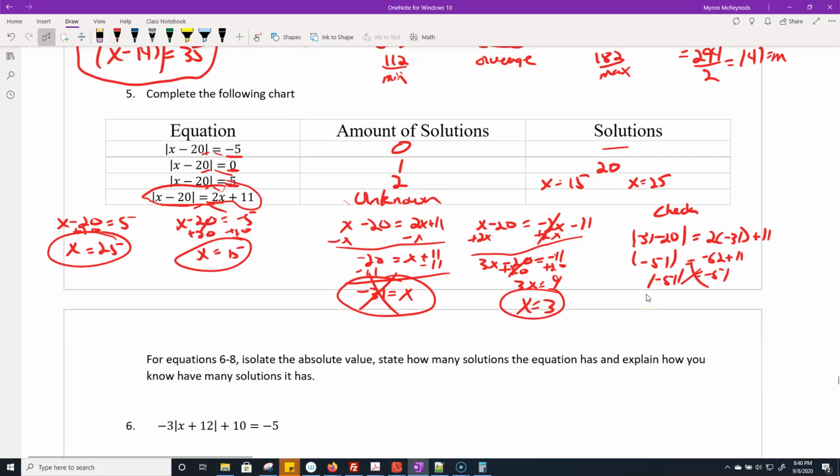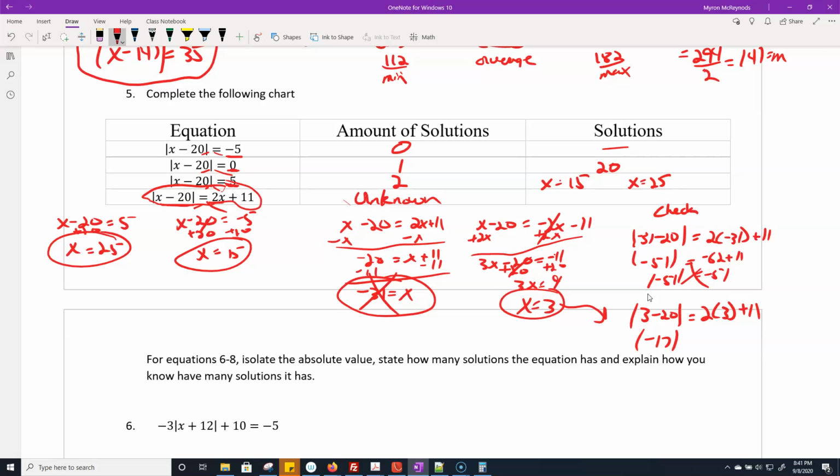But let's check 3 now. And it's going to be 3 minus 20. So I plugged in 3 for x up here, equals 2 times 3 plus 11. Let's see if that works. 3 minus 20 is negative 17.